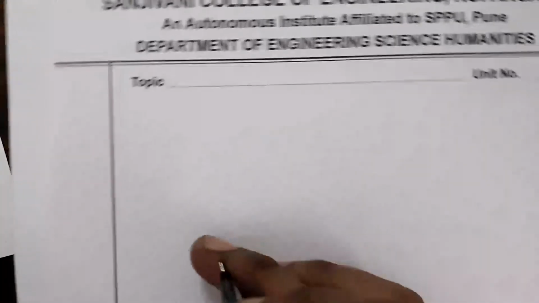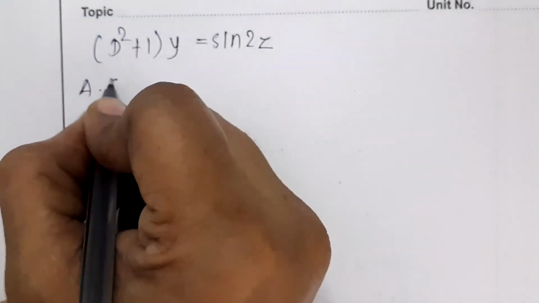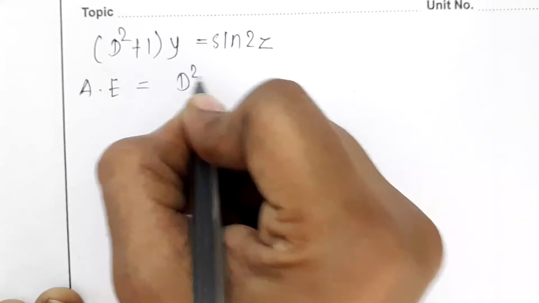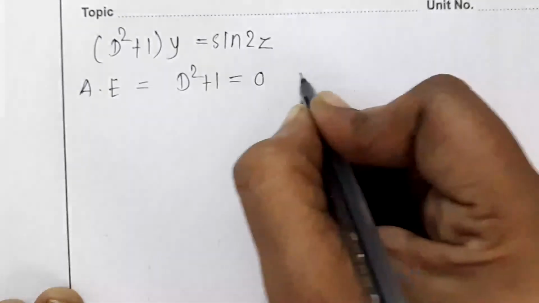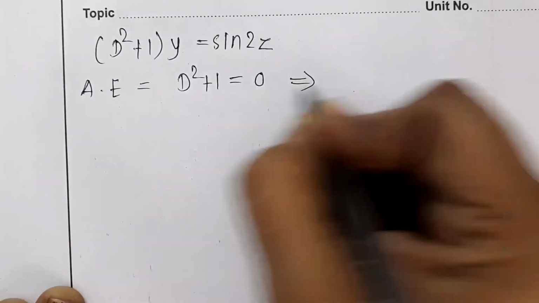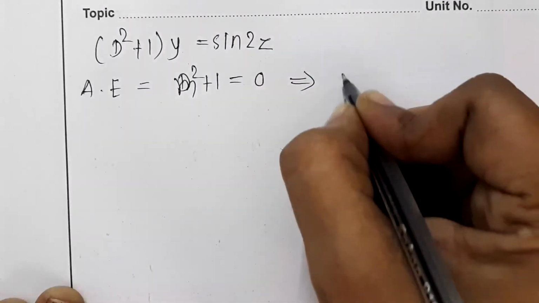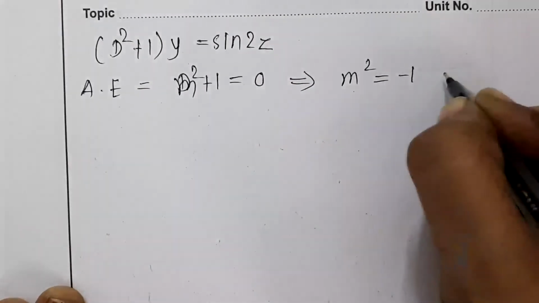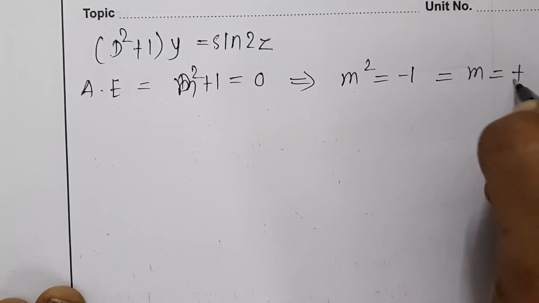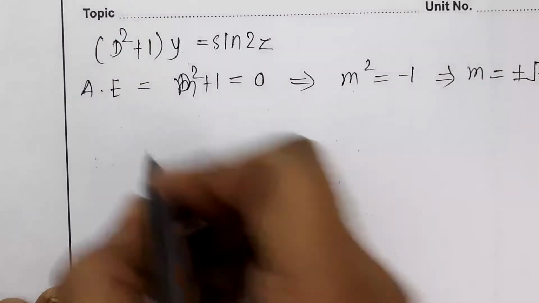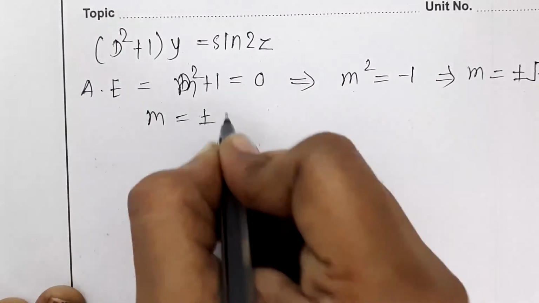So see, we have the equation D square plus 1 multiplied by y is equal to sine 2z. Now the auxiliary equation is D square plus 1 is equal to 0, or m square plus 1 equals 0. So m square is equal to minus 1, m is equal to plus minus square root of minus 1, so m is equal to plus minus i.